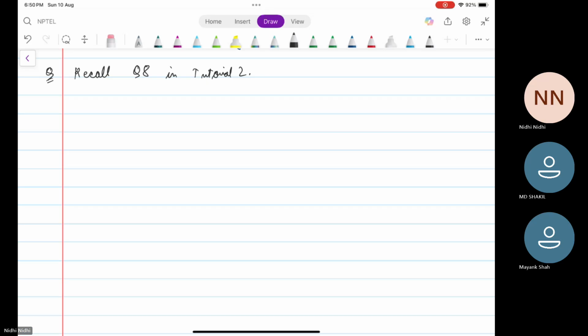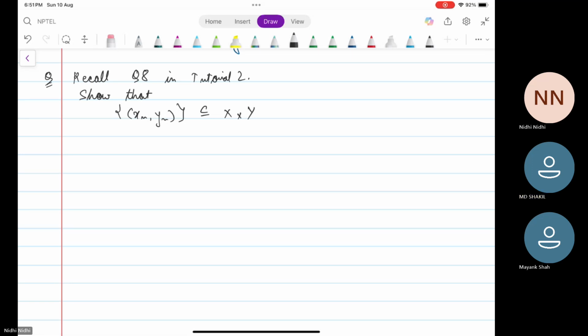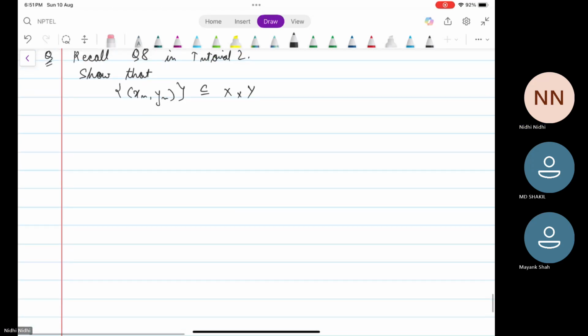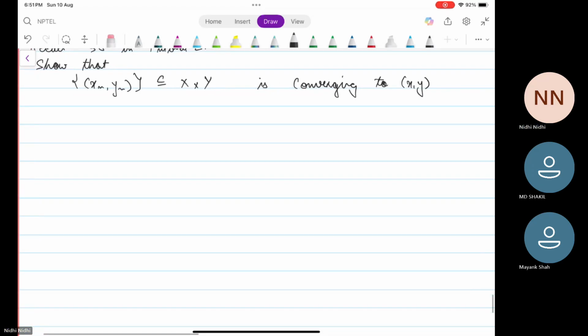Show that a sequence (x_n, y_n) in the space X cross Y is convergent to (x, y) in X cross Y if and only if x_n converges to x in X.